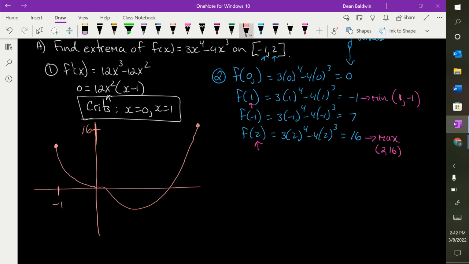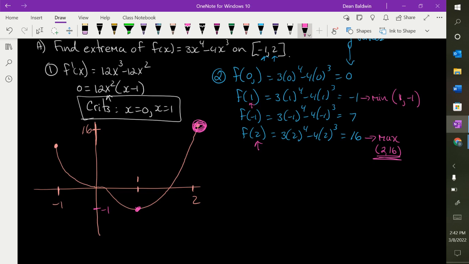Obviously, my scale is going to be way off, but that's okay. It's 1, and that is 2. So at 2 and 16, that is that point right there. That's our maximum. Our minimum occurs here, which is 1 and -1.